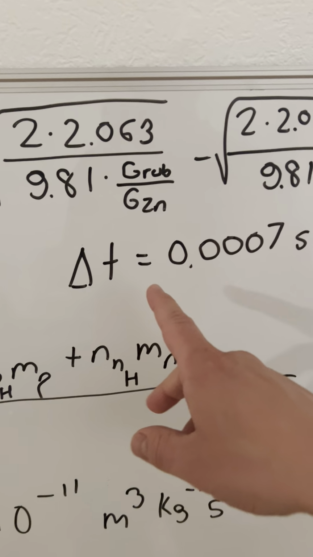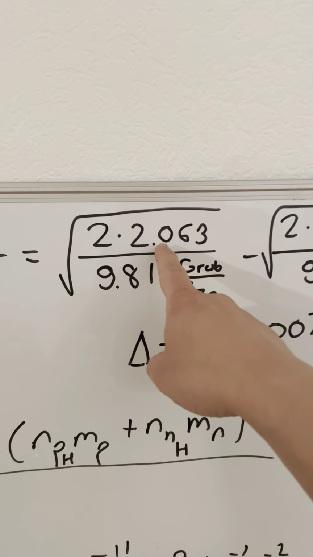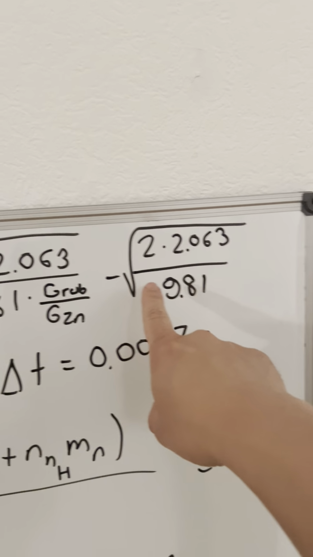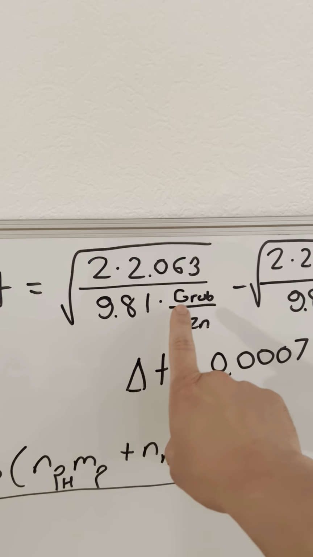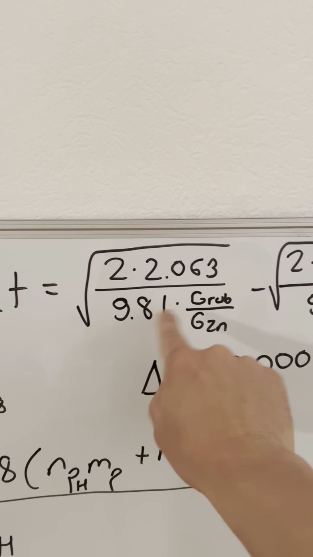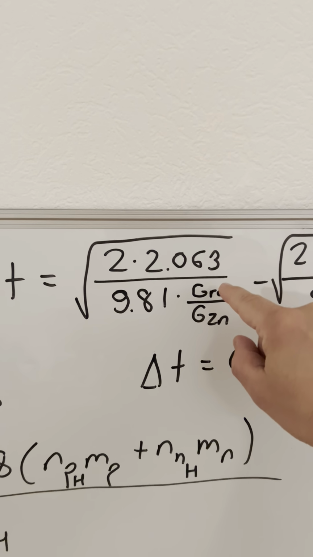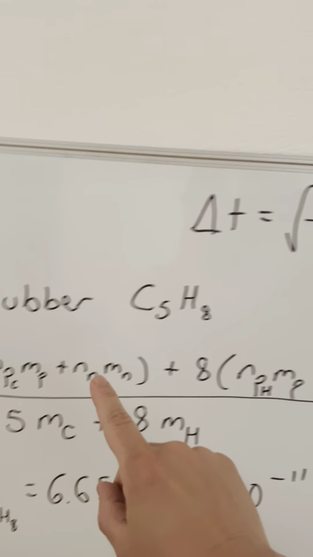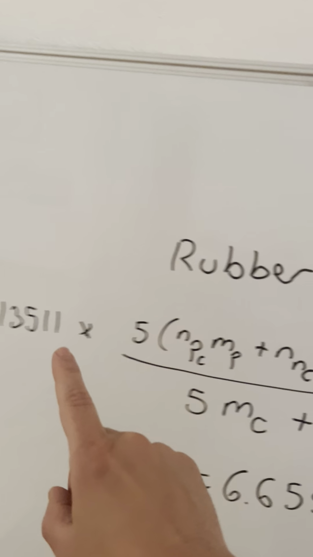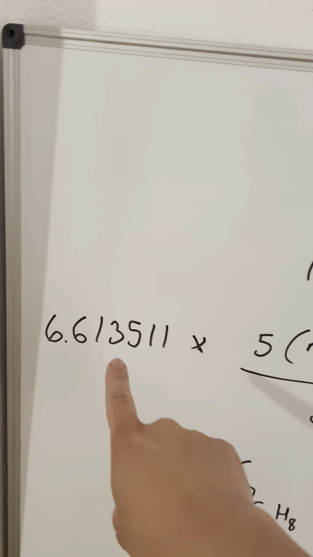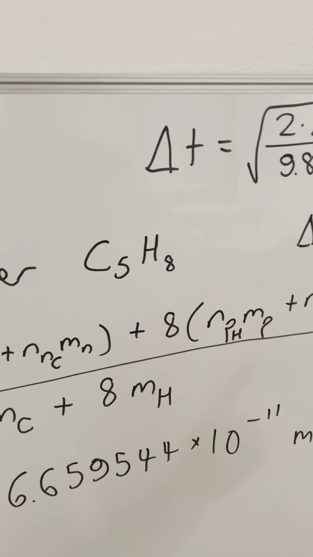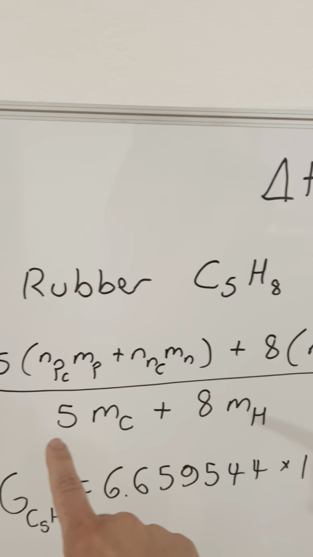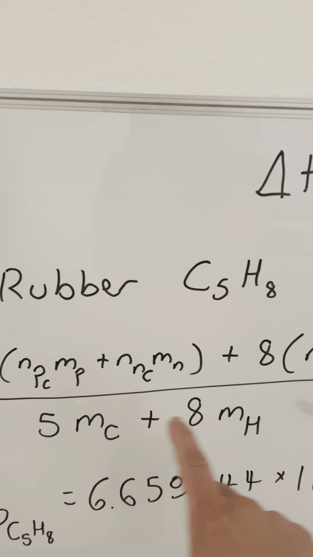We can calculate the difference like this: 2 times the height here in meters divided by the free fall acceleration, and here we multiply the free fall acceleration with the ratio between the g-value of rubber and the g-value of zinc. We can calculate that g-value by multiplying the g-value of hydrogen with this ratio here, the ratio between the gravitational mass and the inertial mass.